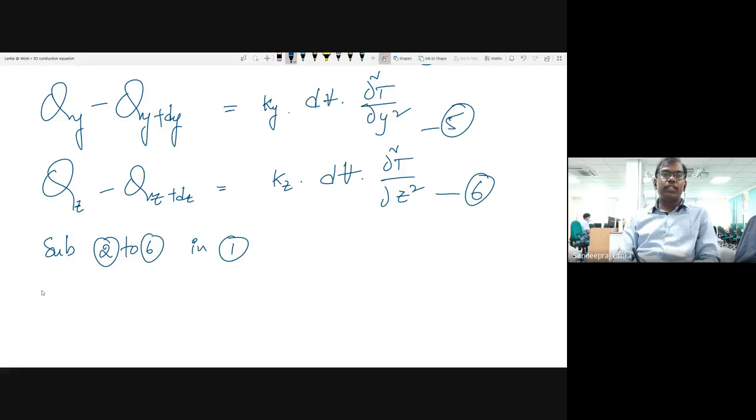If I substitute, the equation will be like this. The kx is there, so dv is common.